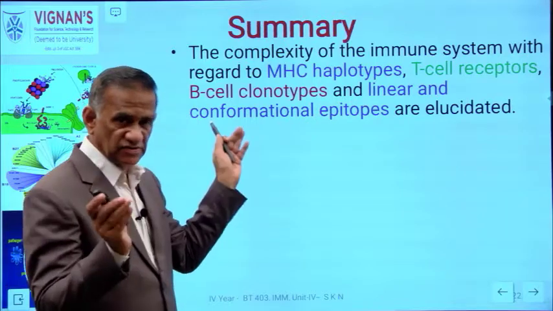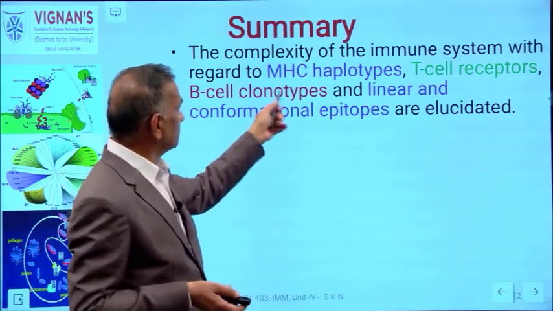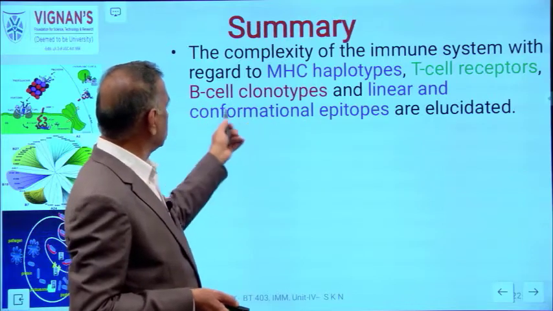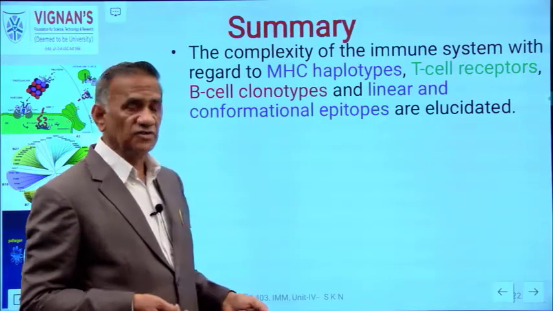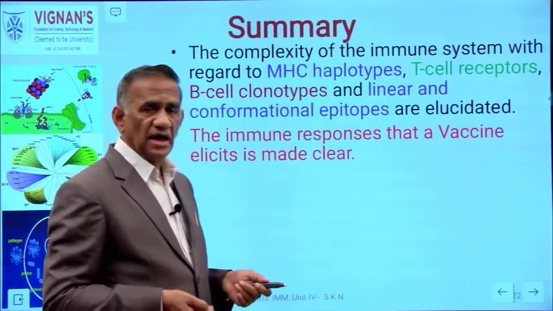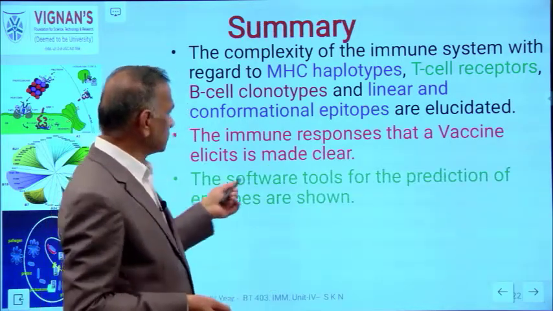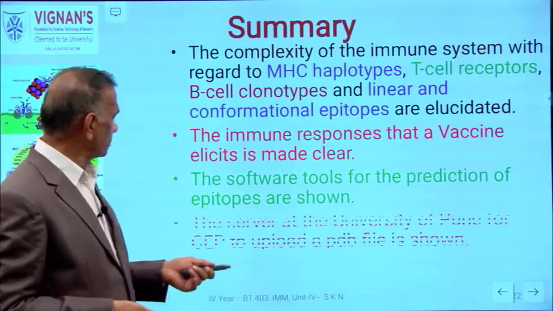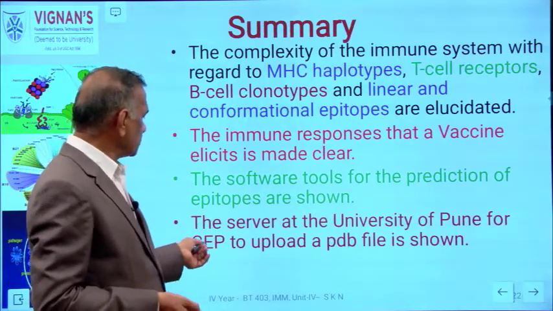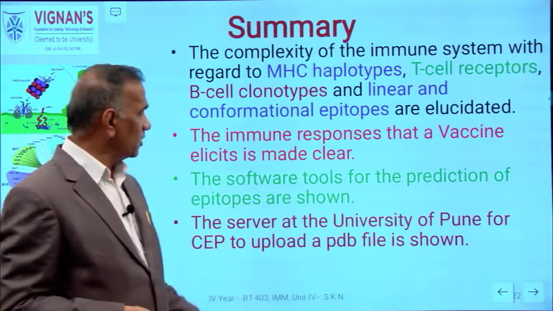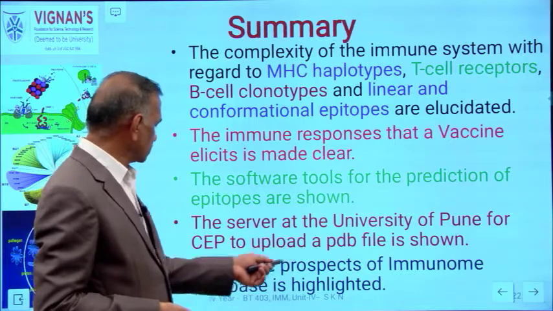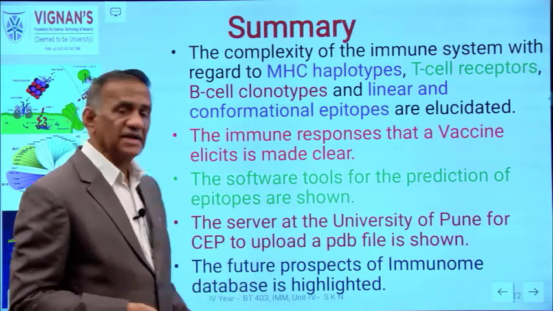That's what the complexity of the immune system with regard to the MSC HLA types and T cell receptors, B cell clonotypes, and linear and conformational epitopes are elucidated. The immune responses that a vaccine elicits have been made clear. The software tools for the prediction of epitopes are shown. The server at the University of Pune for conformational epitopes, to upload a PDB file, is shown. And again, the future prospects of the immunome database are highlighted.